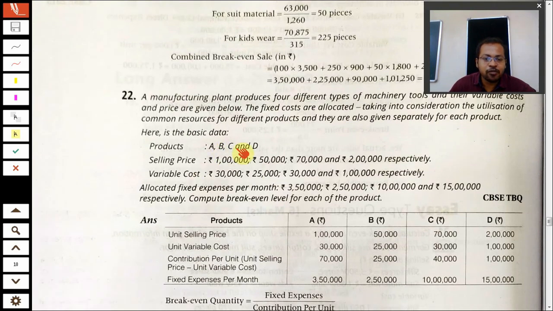So we have four products. Selling price of four products are given, variable cost of four products are given, and fixed expenses for four products are given. Now compute the break even for each of the product.